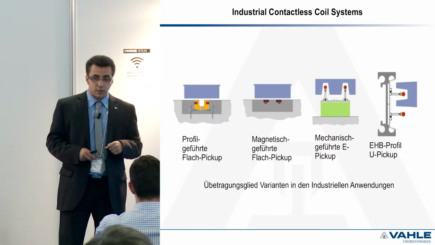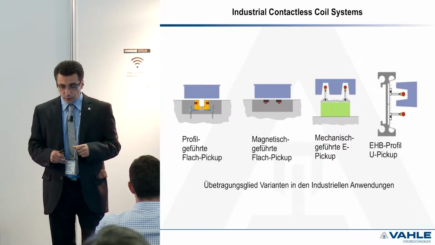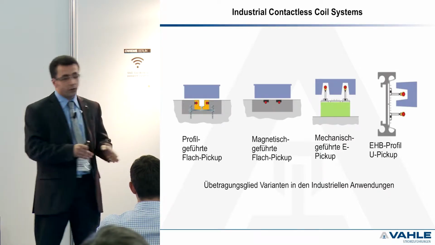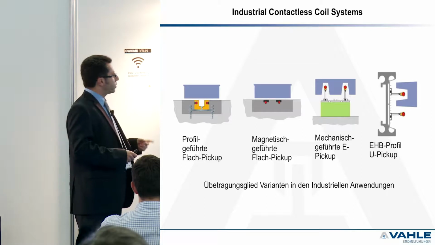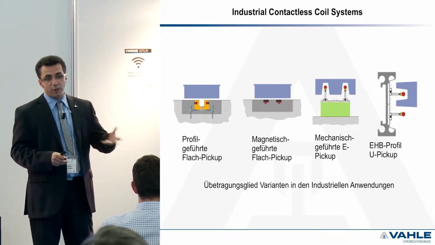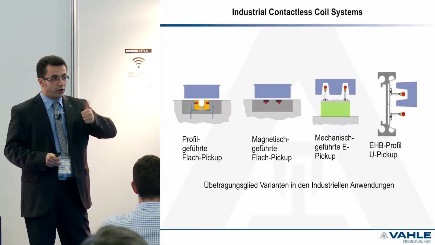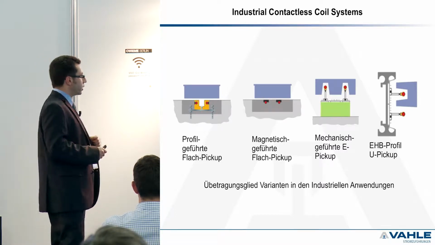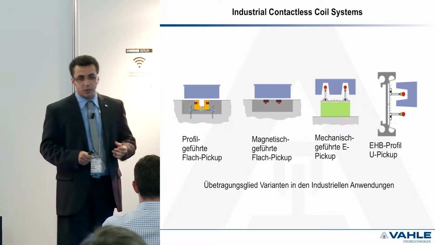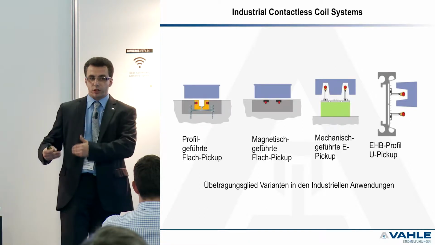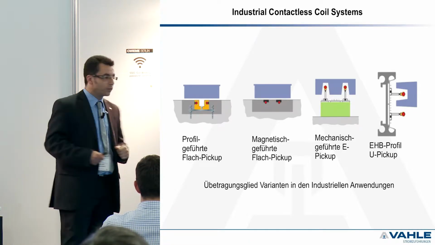You see here the possible configurations in industrial applications. The red points are the primary wires. As I told you, this is only one turn of the primary winding, and the blue devices are the so-called pickups, the secondary part of the air gap transformer.